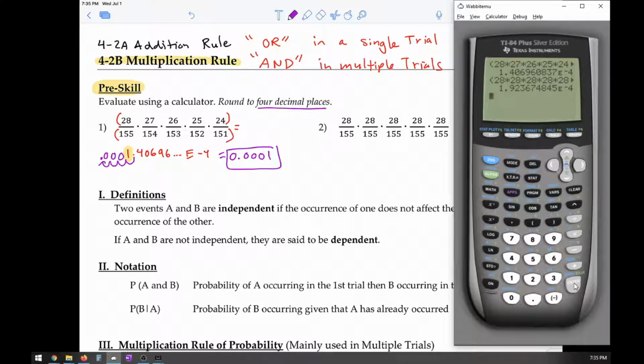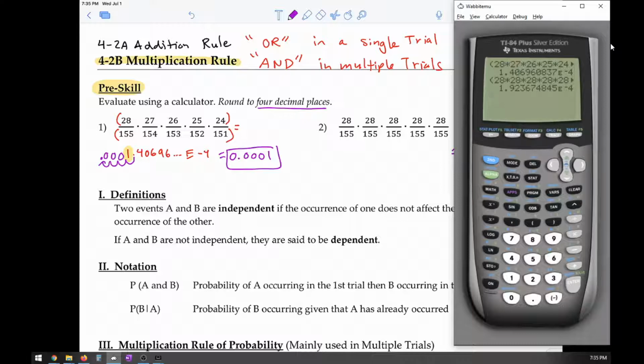Very similarly, we move this decimal point 4 times to the left, which means we jump to the left over the 1, and then do it 3 more times. So what you end up with is 0.0001923... and then we round to the 4th decimal place, so we get approximately 0.0002.